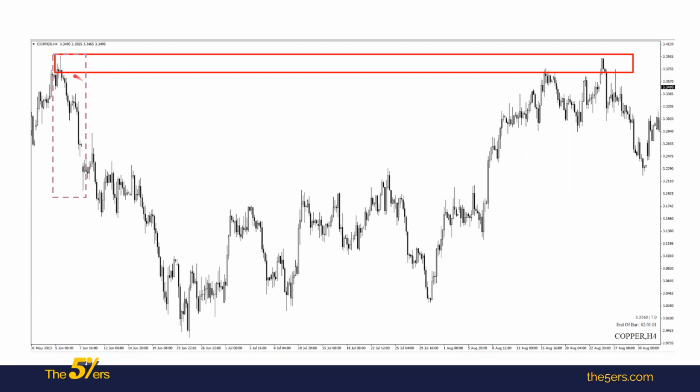So many days after, a few weeks after, price with its elephant memory was reaching in here, hitting the line that we were drawing on June 7th, and on August 15th, it went there and reacted pretty nicely.